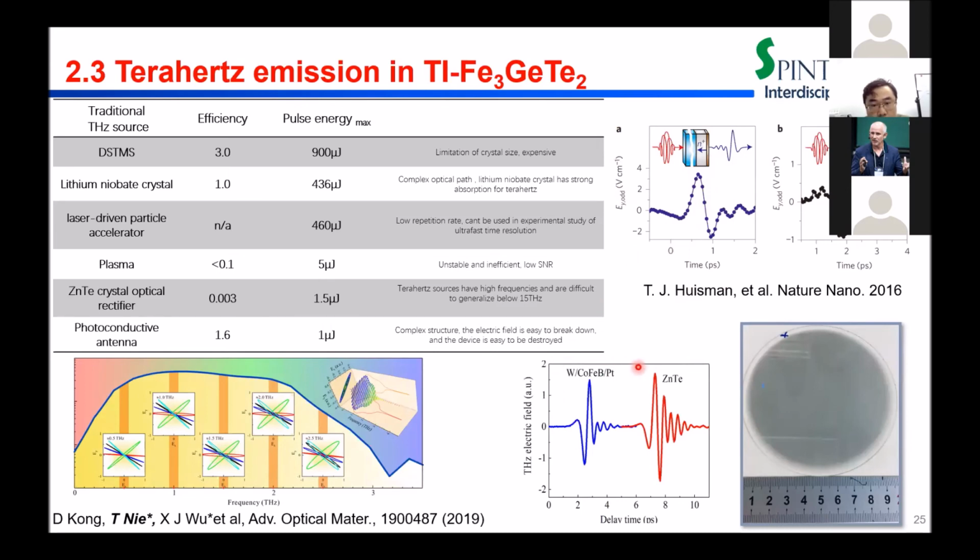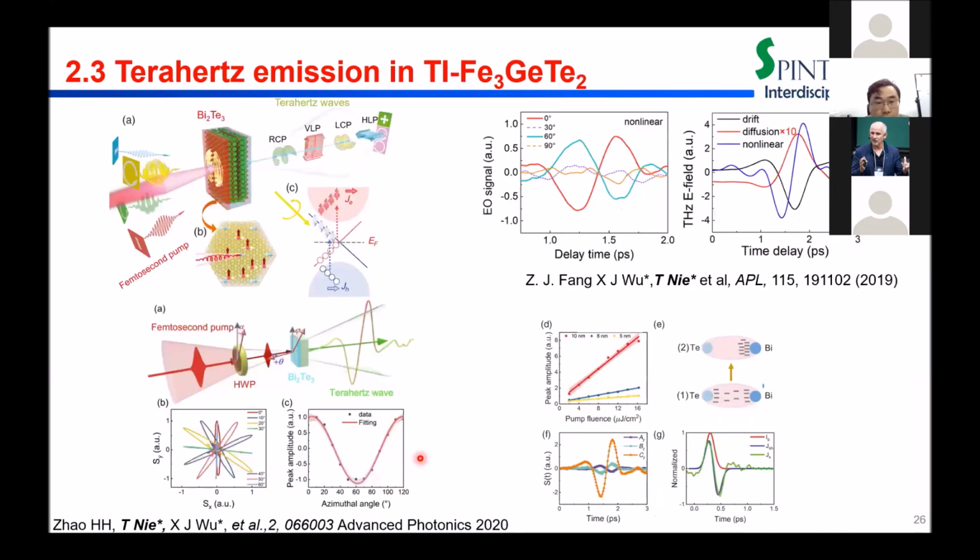Recently, we have worked in this field. With the traditional materials, cobalt and boron, we can realize a very large-size spintronic source, and its emission intensity is comparable to the commercial zinc telluride.